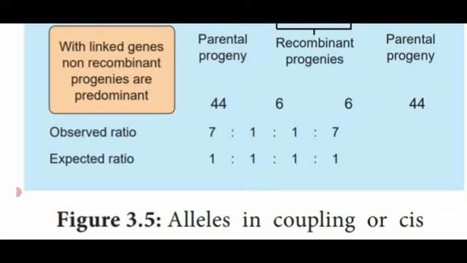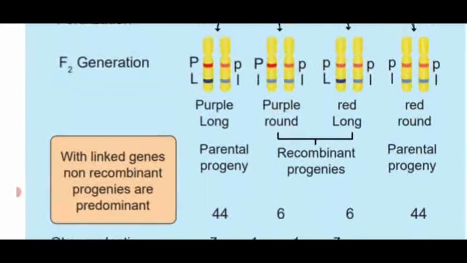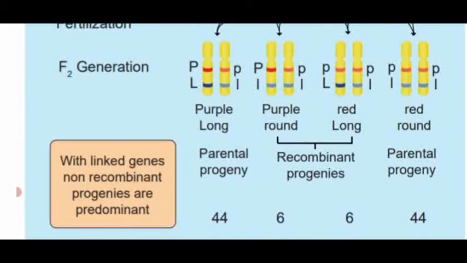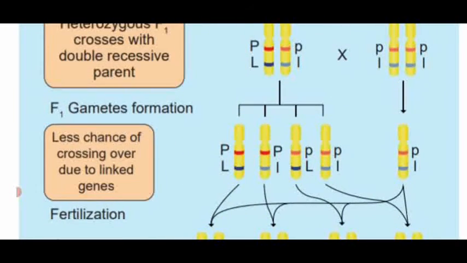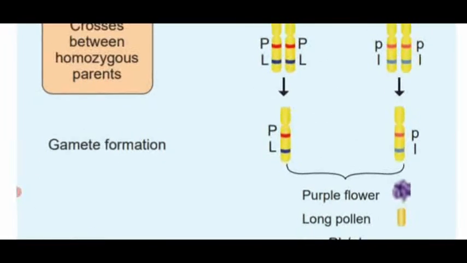So alleles in coupling or cis configuration prove that if the alleles are located very closely on the same chromosome, they tend to be inherited together. That type of configuration is named coupling or cis configuration.